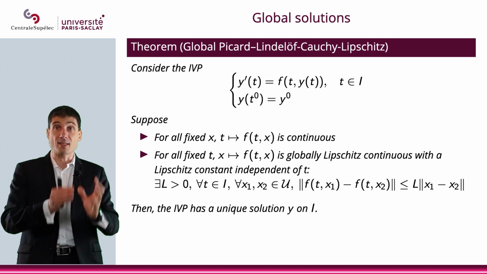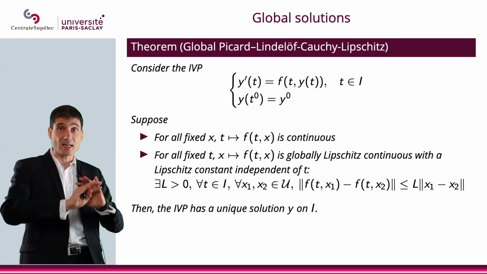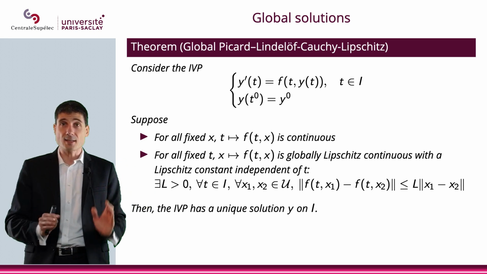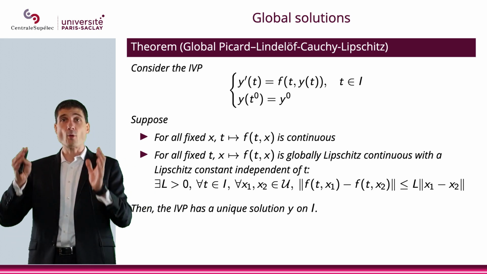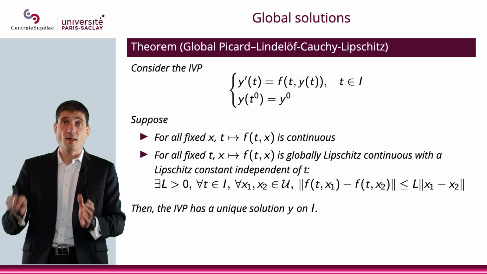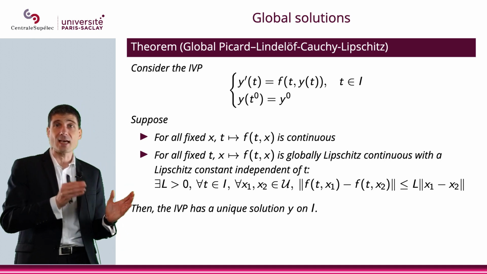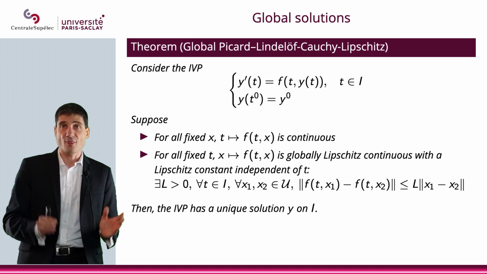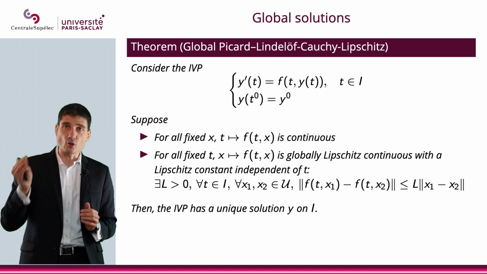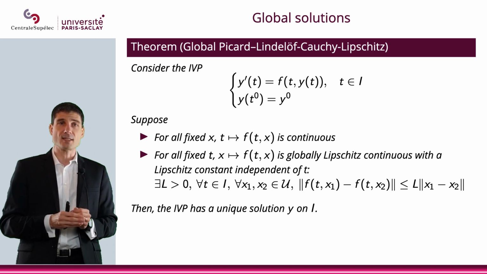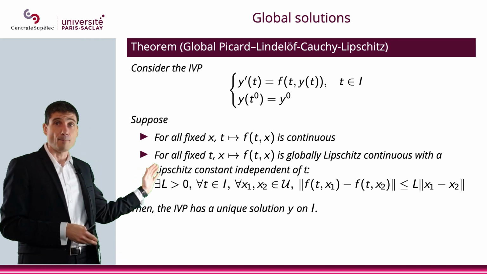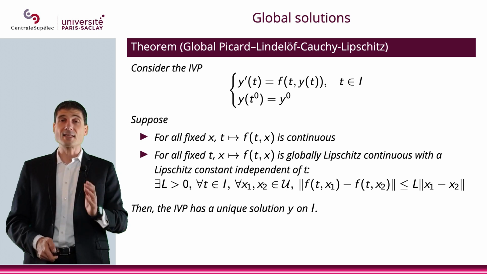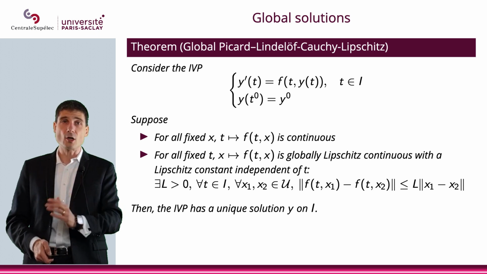What it means is that there exists a positive L, which is independent of everybody, such that no matter what t I choose, and no matter what x1 and x2 I choose, then the norm of f(t, x1) minus f(t, x2) will be smaller than L times the norm of x1 minus x2. And if both criteria are met, then the initial value problem has a unique solution on I.